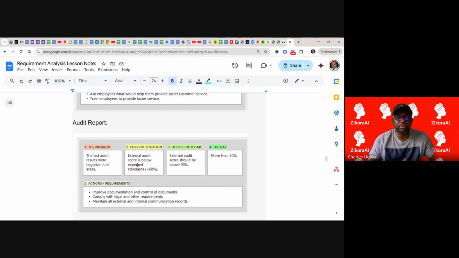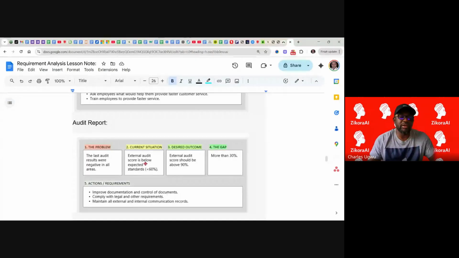At 60%, it's considered poor. Now, according to the external auditors, you should be able to score around 90% to pass the audit. What it means is that we have a gap of 30%. How do we improve from 60 to 90%? That is the gap here.